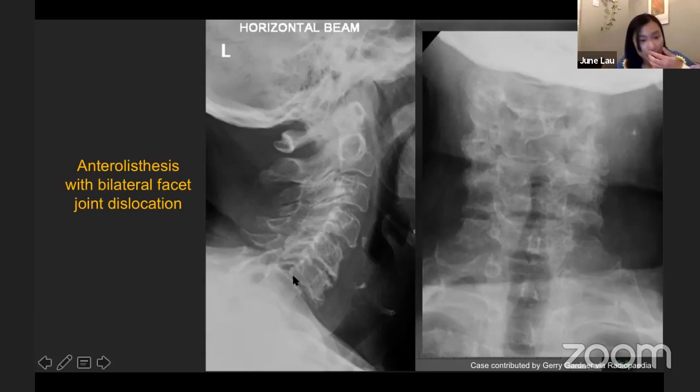And this is exactly what's happened here. So both of the facet joints have become dislocated. It's allowed the vertebral body to move anteriorly and basically cause a lot of problems with narrowing of the spinal canal. But well done for picking up all the degenerative change. I'm impressed.